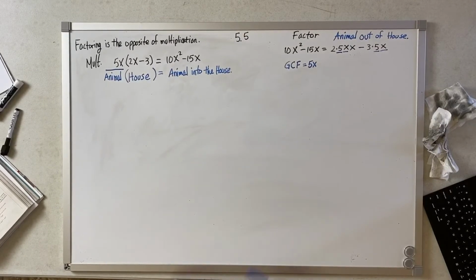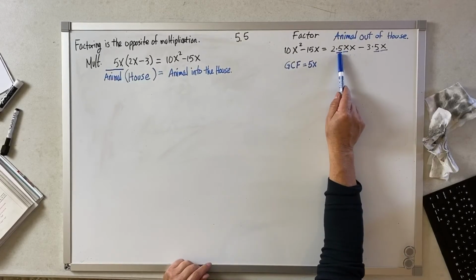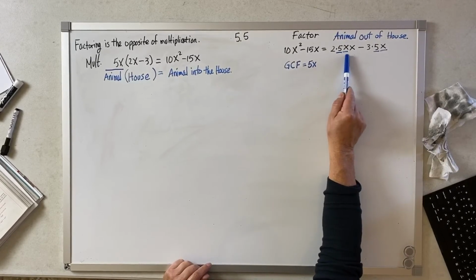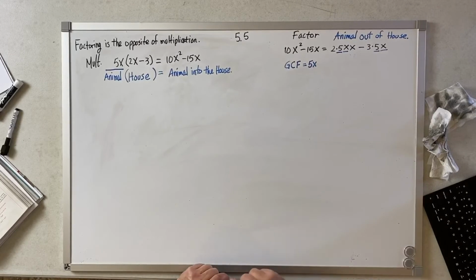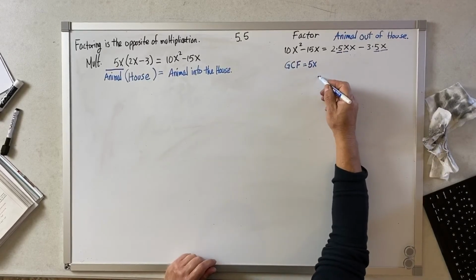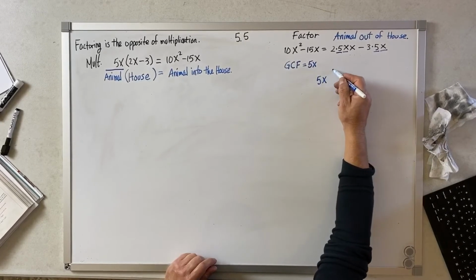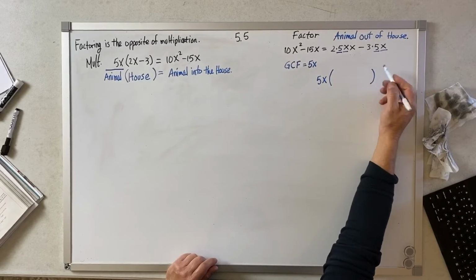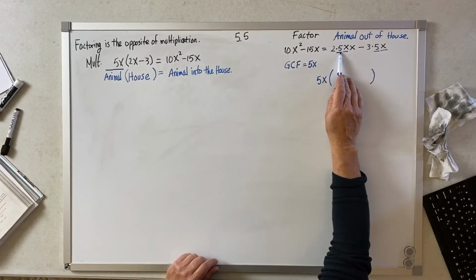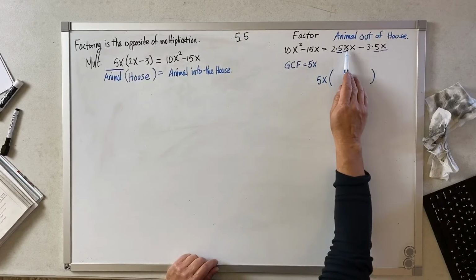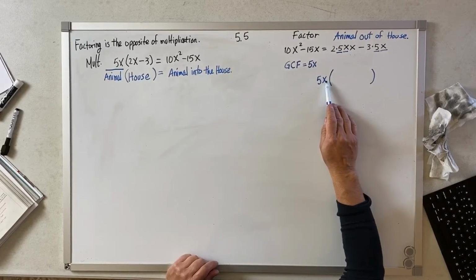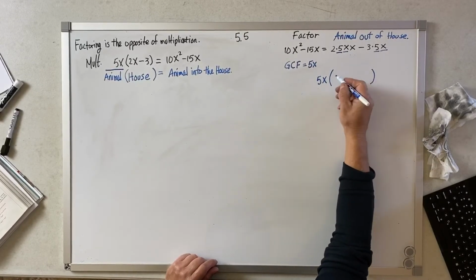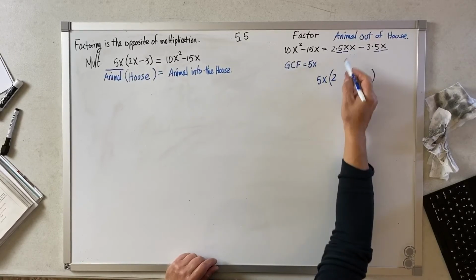So let's bring it out. If you bring out a 5 and an x from this, bring it out of the house, 5x, and here's the house. What stays in the house? If the 5 came out, there it is, and the x came out, there it is. What stayed inside is a 2 and the x.